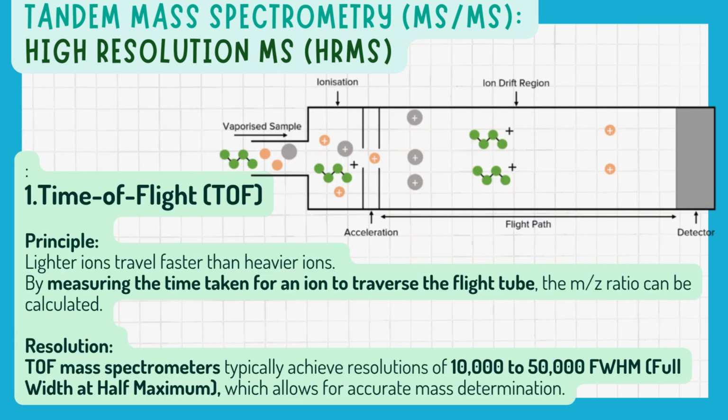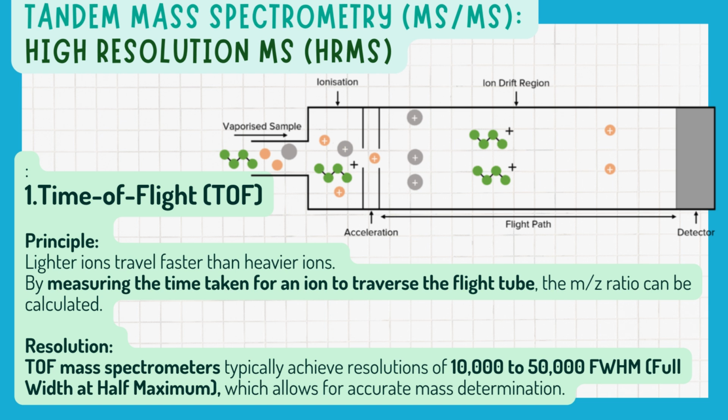So time of flight. Here, lighter ions travel faster than heavier ions. By measuring the time taken for an ion to traverse the flight tube, we can determine the mass-to-charge ratio. This is the flight tube, starting from this part.